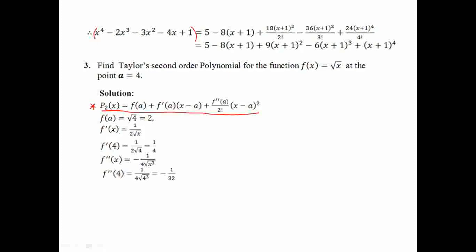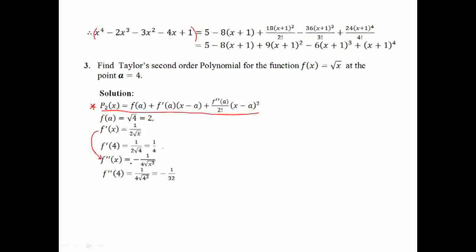Then, where there is x in the first differential coefficient, we put 4, and it gives us 1 over 4. So after getting 1 over 4, we leave it there and find the second differential coefficient.